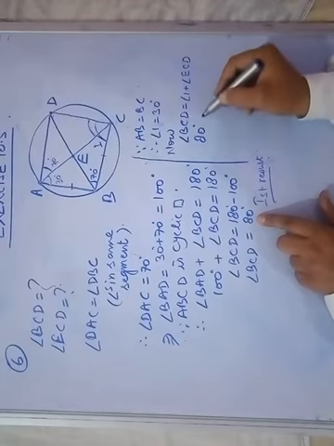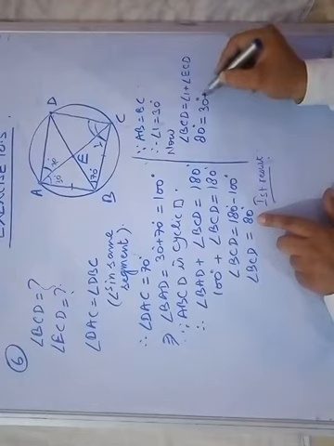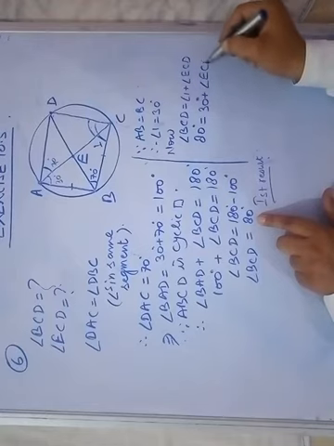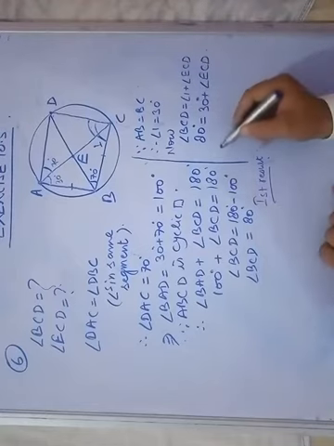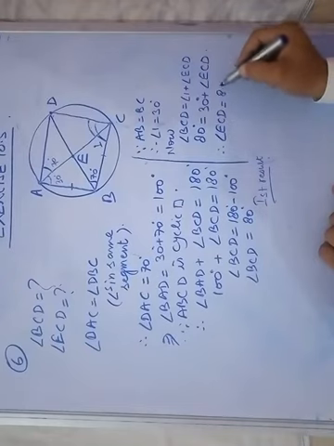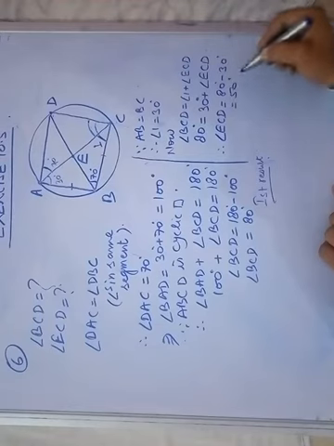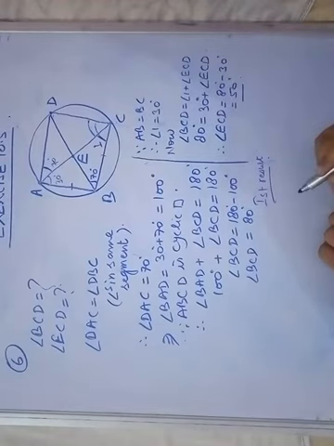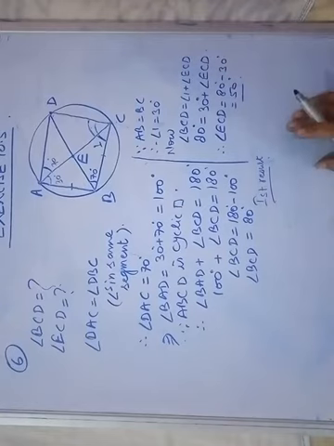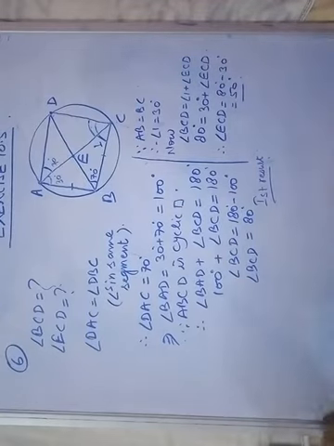So this is 80, and angle 1 equal to 30 degree plus angle ECD. So angle ECD equal to 80 minus 30, that is 50 degree. Okay. So this is the second part of this question.